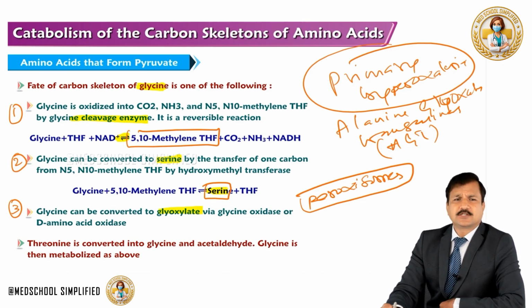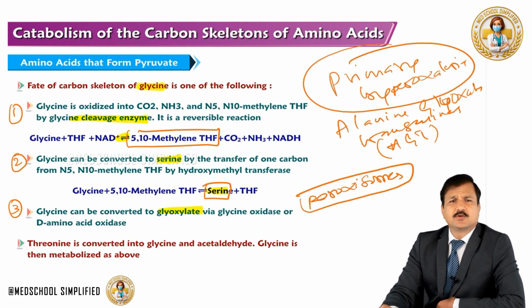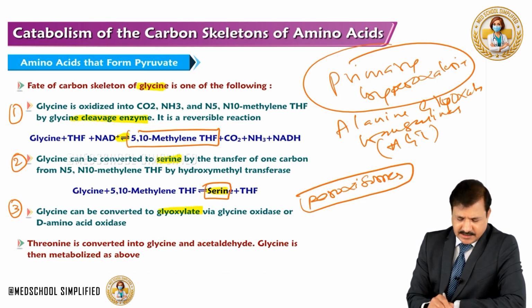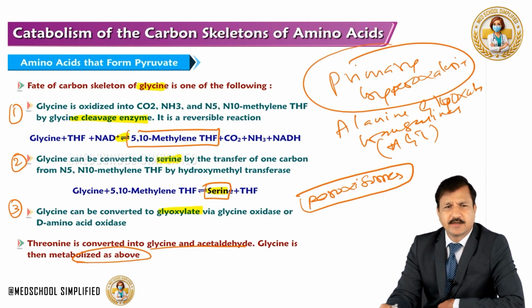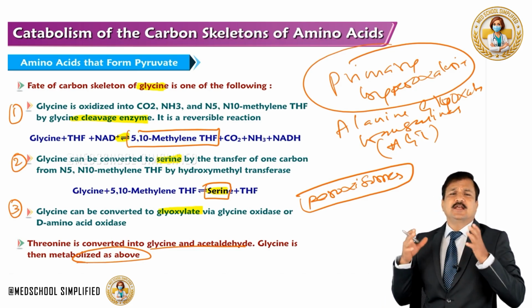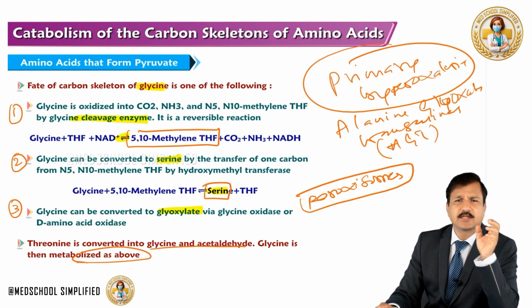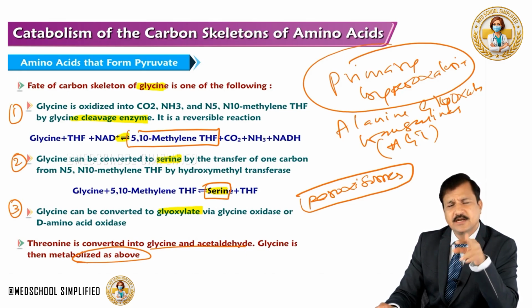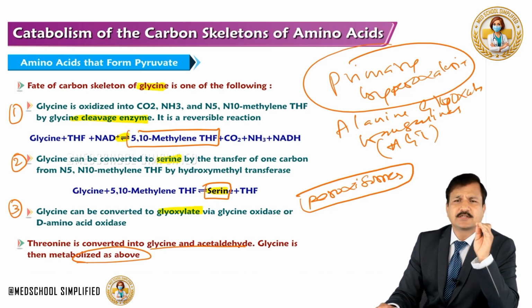Now, the last one is conversion of threonine into pyruvate. Threonine is converted into glycine and acetaldehyde, and glycine is then metabolized as above in reactions 1, 2, 3 that we have explained. So this is how glycine is either completely broken down into N5,N10-methylene tetrahydrofolate, carbon dioxide and ammonium ion, or glycine makes serine, and serine is further converted to the pyruvate that we have seen in the previous slides.